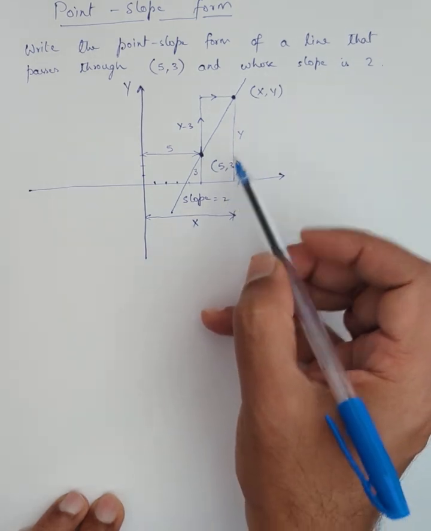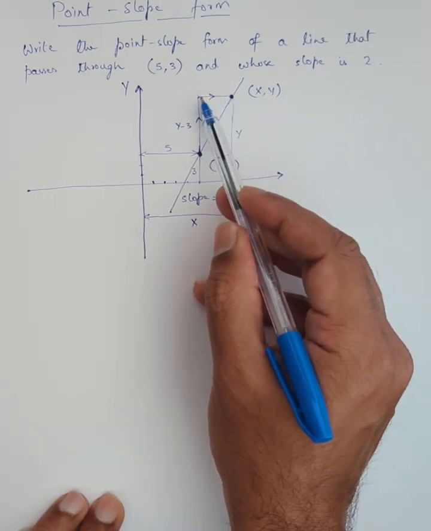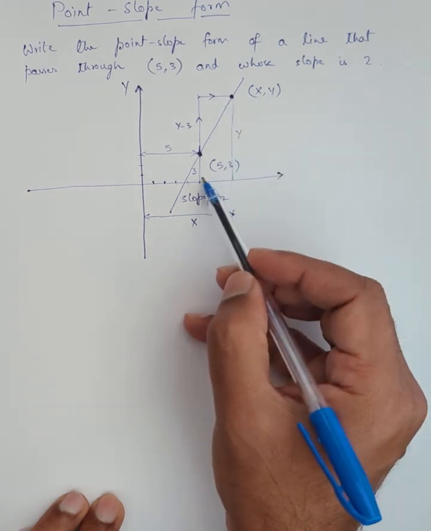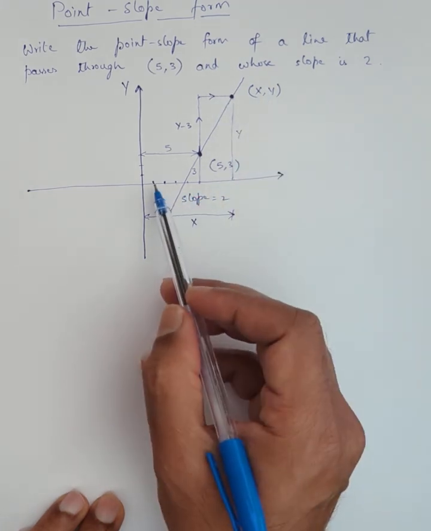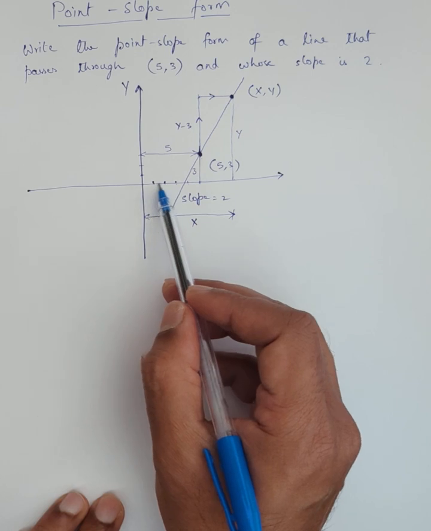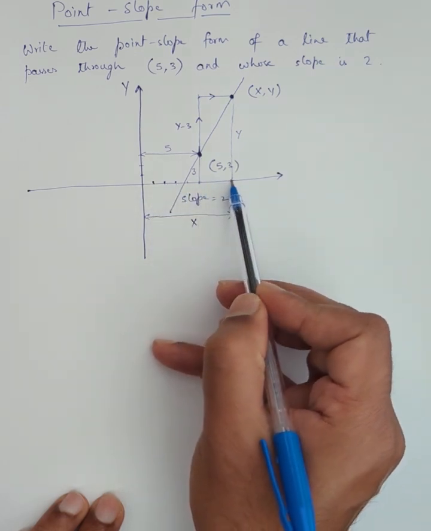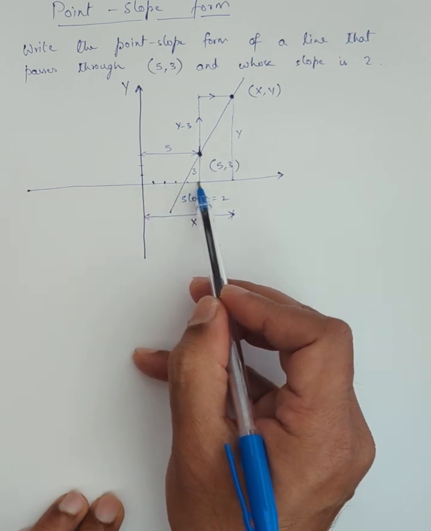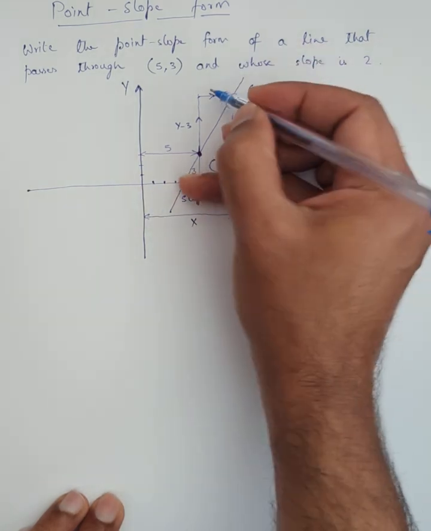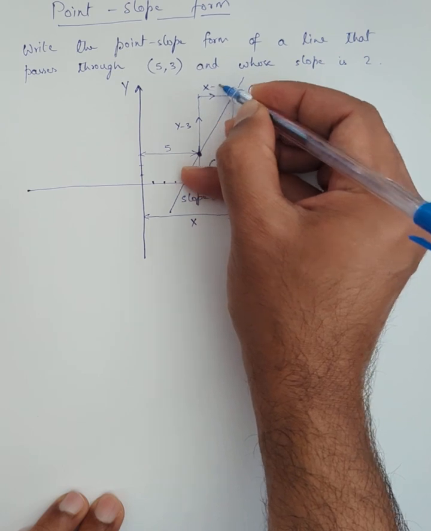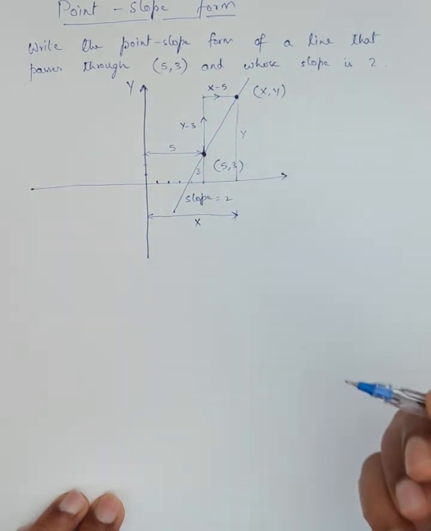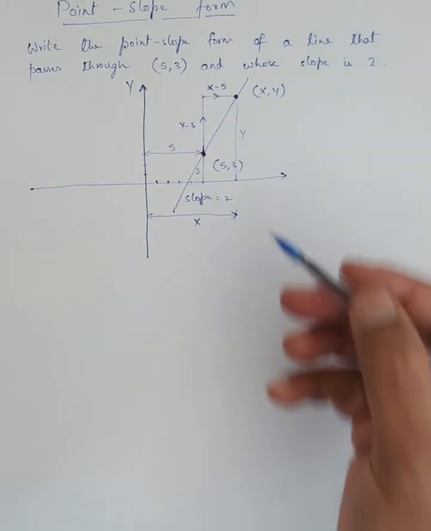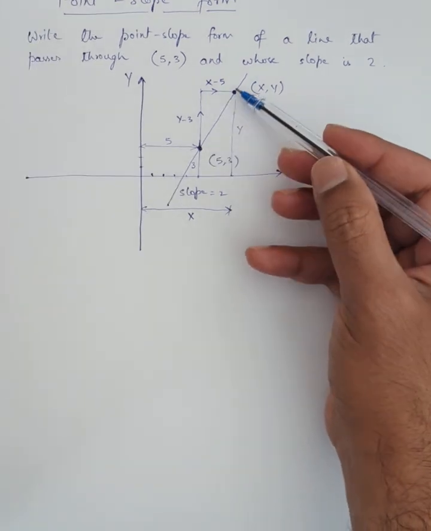So when I want to know how much this distance is, this is my run, what I could do is take all of the distance from the origin to this point, which is x, and subtract the 5. So the run is going to be x minus 5. So that's how I'm going to get the rise and run.